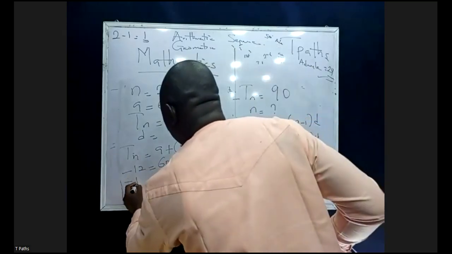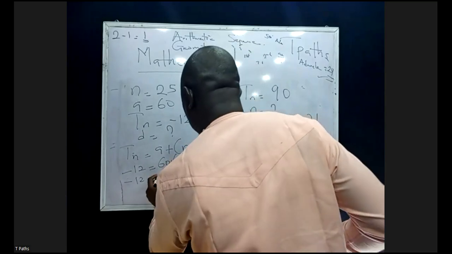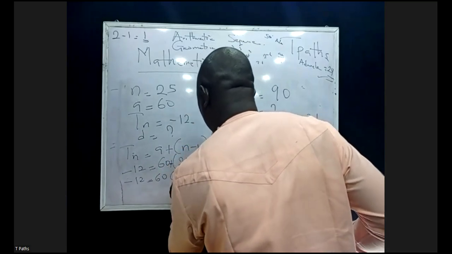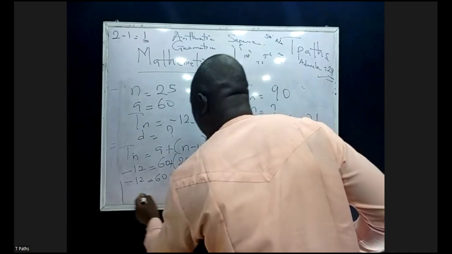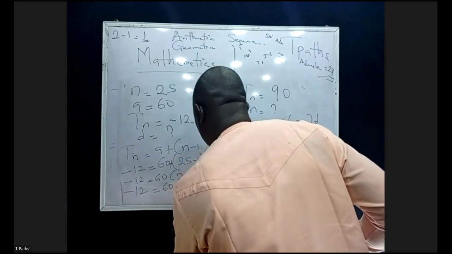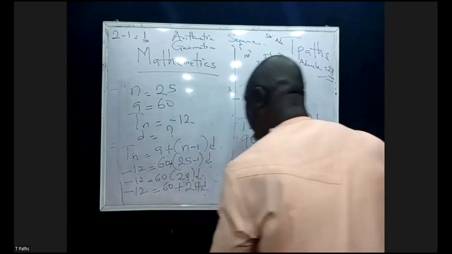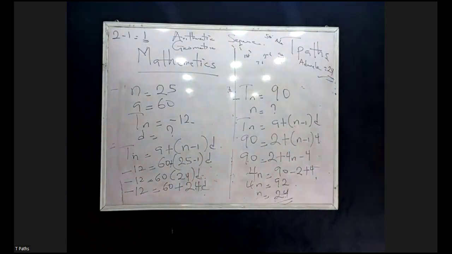Now, -12 equals 60 plus, in the bracket, 24 times d. We are going to have -12 equals 60 plus 24d. This is a linear equation.